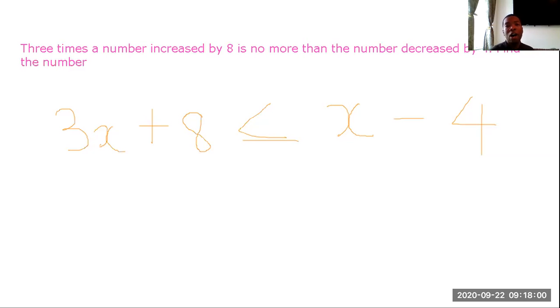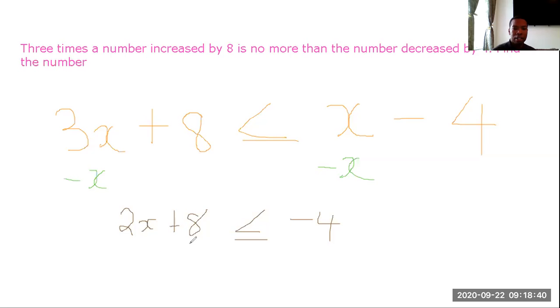Find that number. Now, since they're asking me to find that number, I can go in and solve it like I would a regular problem. All right. So I want my x's on one side and everything else on the other side. So I'm going to minus x right here. Whatever you do on one side, you've got to do it on the other side. So this is 2x plus 8 is less than or equal to negative 4. All right, now I want to get this 8 on that side.